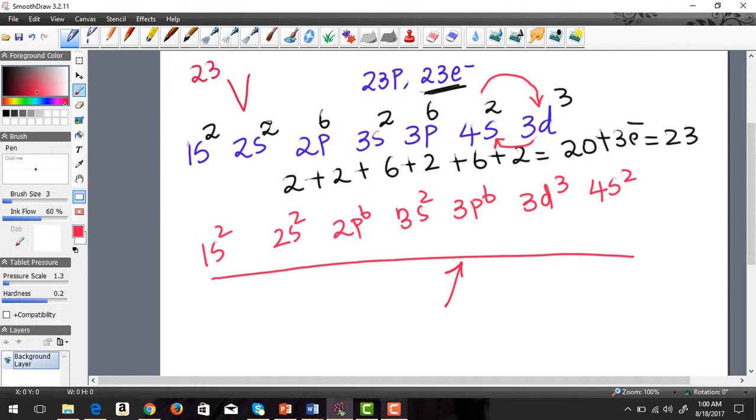I'm going to switch back to another color, maybe black. This right here is the completed configuration. The one above is partially correct, but it's not completely accurate. This is the completed and accurate configuration, the one below in red.